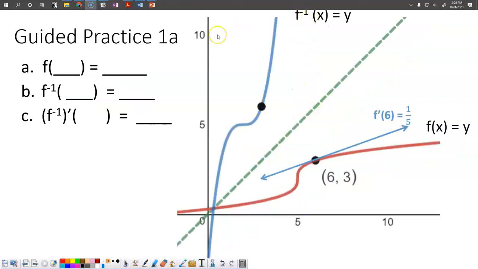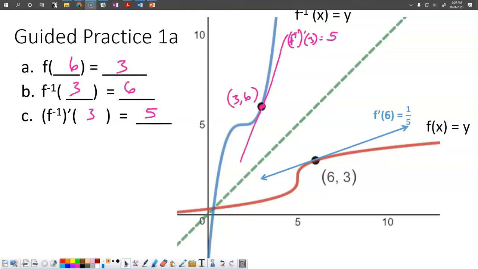Up here we have the red line, the graph of f of x. I've given you the point 6,3, which is on the graph of f of x. I've told you the slope of f at x equals 6 is 1/5. So your job is to fill in these blanks over here with as much information as you can. Okay, pause the video, and when you're done, I'll have the solution up.